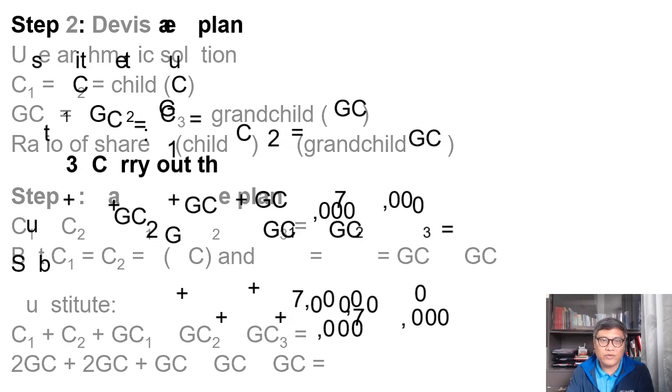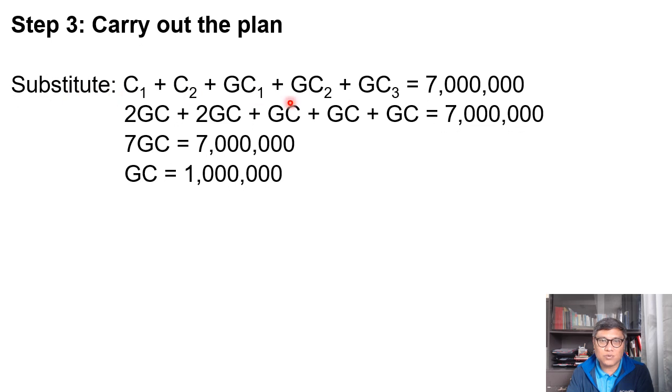So if we're going now to add all of this, what we have is simply 7GC equals 7 million. Then divide both sides by 7, then GC is equal to 1 million. This means that each grandchild, class, will receive 1 million.